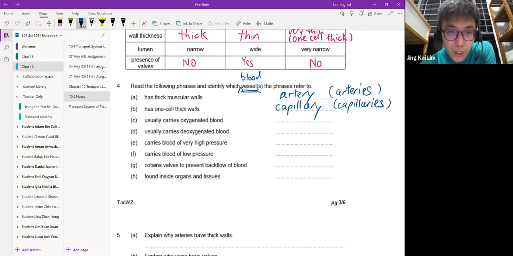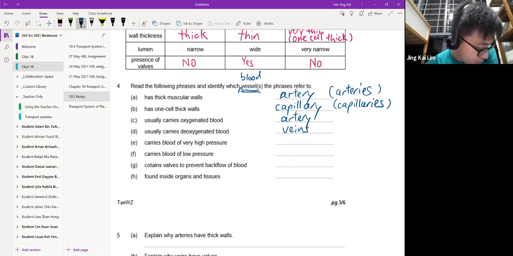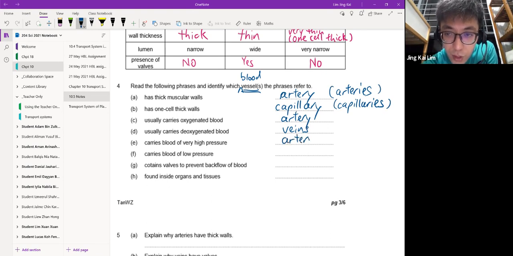Usually carries oxygenated blood, again, is the artery. Usually carries deoxygenated blood, I would say is the veins, most of the time. Carries blood of very high pressure, definitely the artery. Carries blood of low pressure will be the vein.